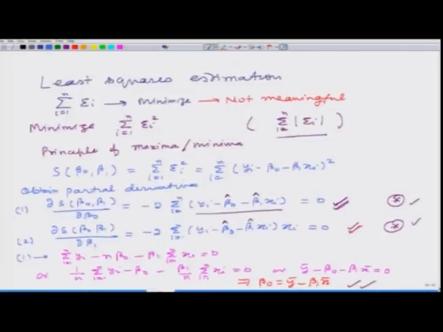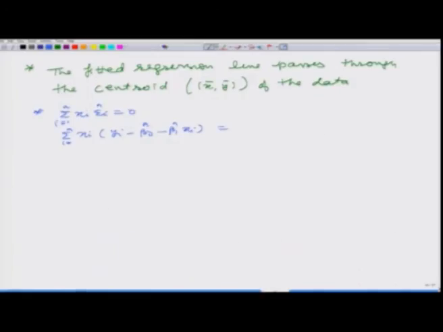If you come back to this slide, the result based on the second normal equation simply says that the summation of yi minus beta 0 hat minus beta 1 hat xi, times xi, is equal to 0. So without doing much, I can write down that this value is 0 using the normal equation, the one obtained by differentiating S of beta 0, beta 1 with respect to beta 1 and setting it equal to 0.